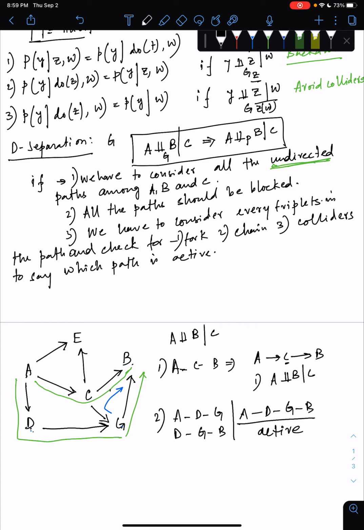We have one active path, which makes this condition void.